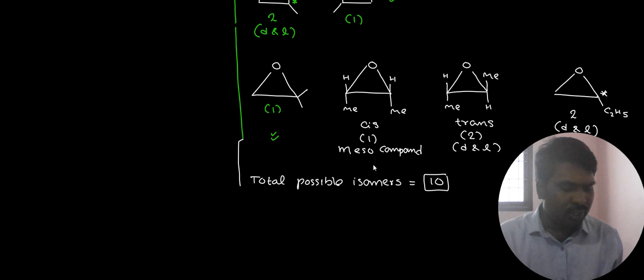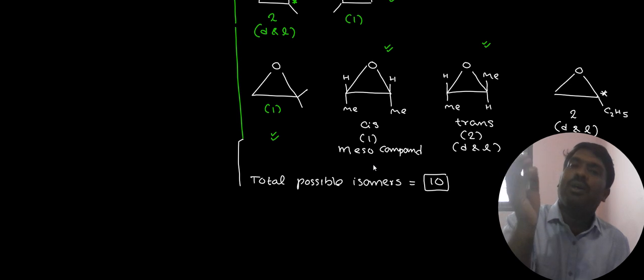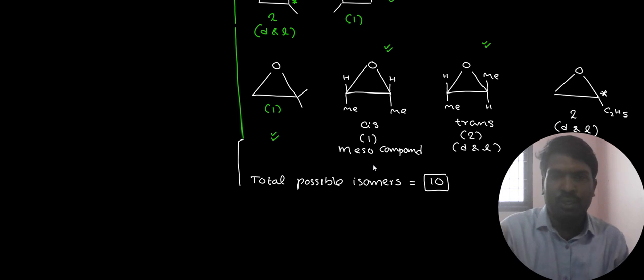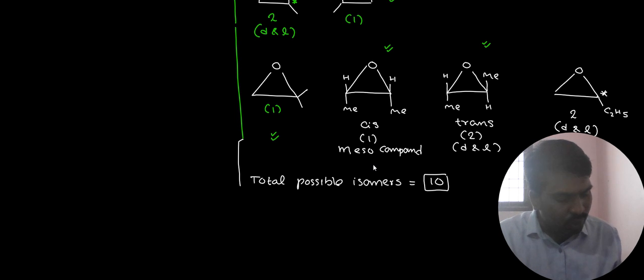Now coming to two methyl groups on the same side we can write here, and two methyl groups on the opposite side we can write now. Here we have already written geometrical isomers, and geometrical isomers and optical isomers both together come under stereoisomers. Okay. So two methyl same side, this is cis.